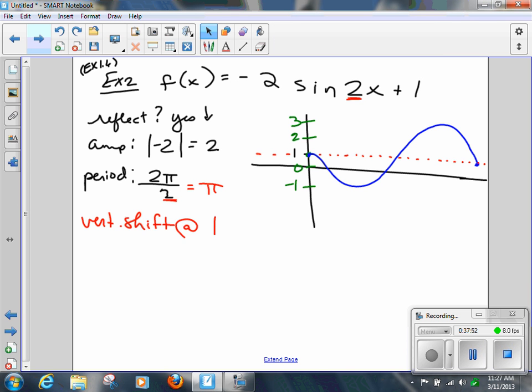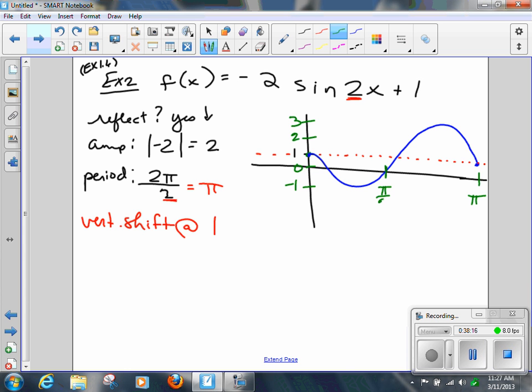What's left to do? I've got to put in my increments, which come from the period, on my x-axis. The period this time, though, is different. It's what? Pi. My halfway point, which is where my curve crosses the x-axis, is at what?